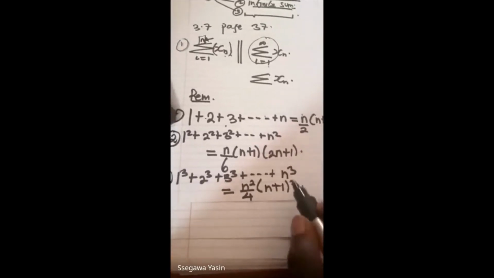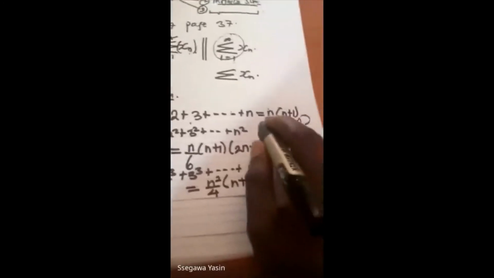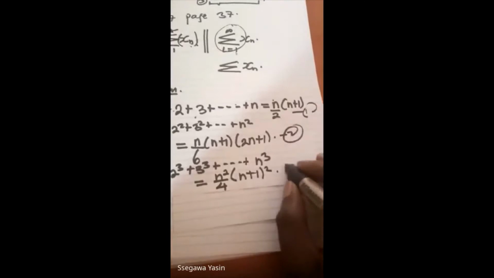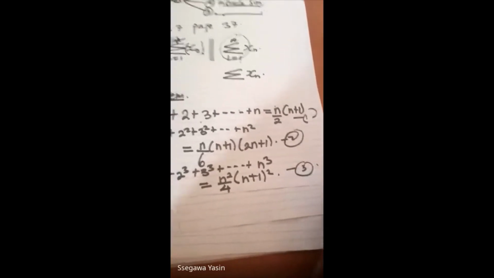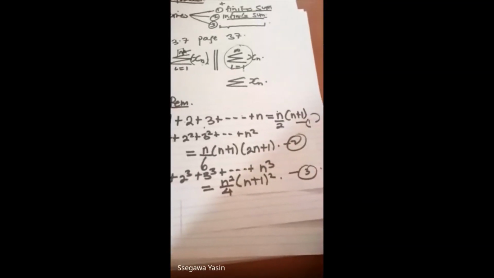Now, these 3 here, this is a 1, this is a 2, this is 3. They should be at our fingertip at this point.